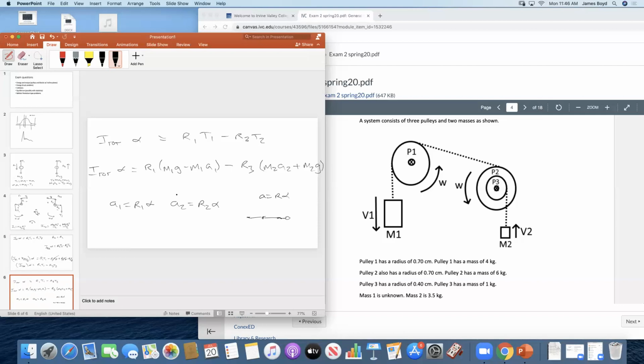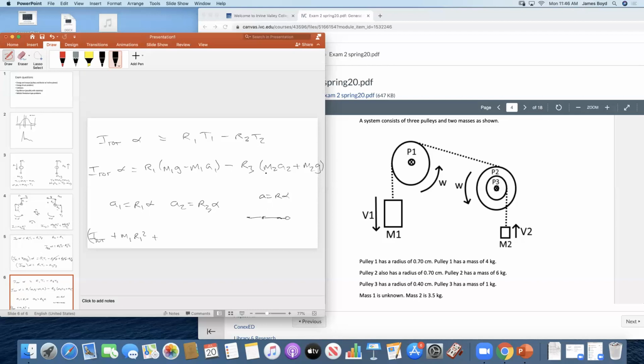Now, if we want to get everything in terms of alpha, which is what we want to do, we plug these in for those, and I'm going to move them over as well. I total, this becomes M1 R1 alpha with an R1 on the outside. So this is plus M1 R1 squared, minus M2 R3.